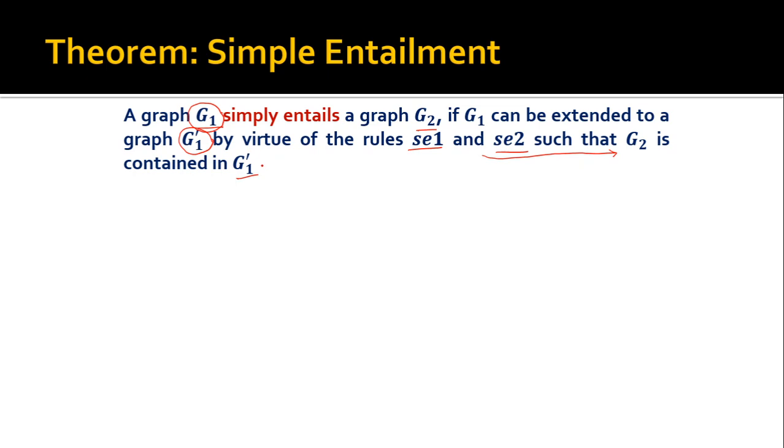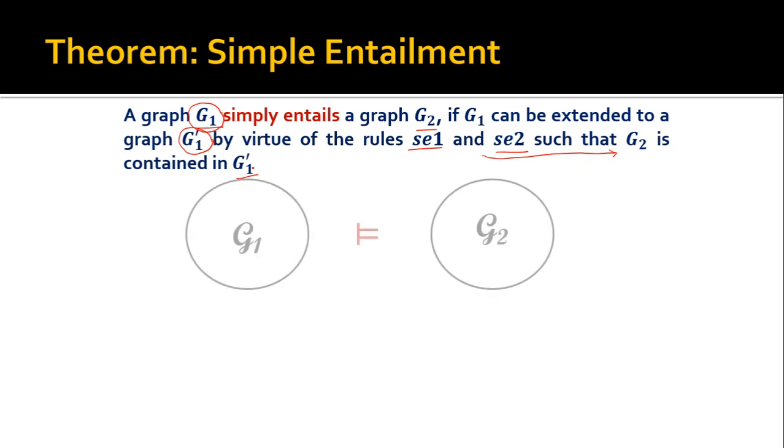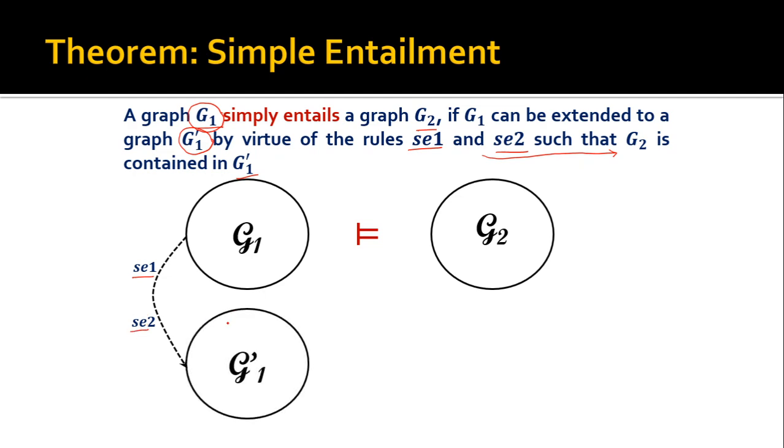So let us try to see visually what is happening. You have these two graphs G1 and G2, and you want to say that G1 entails G2. So what you do, you repeatedly apply these rules SC1 and SC2, and out of this application you can get something like G1 prime, right? And now you can serialize this G1 to be the set of triples.